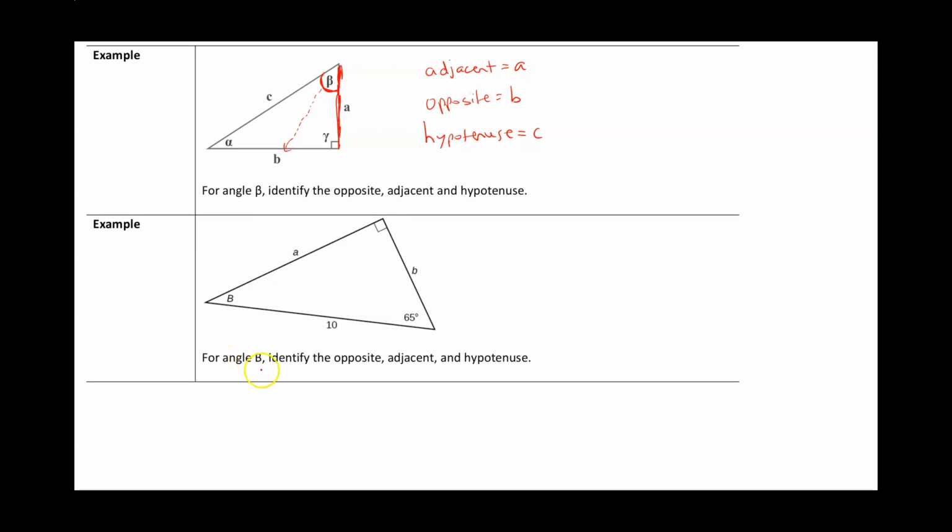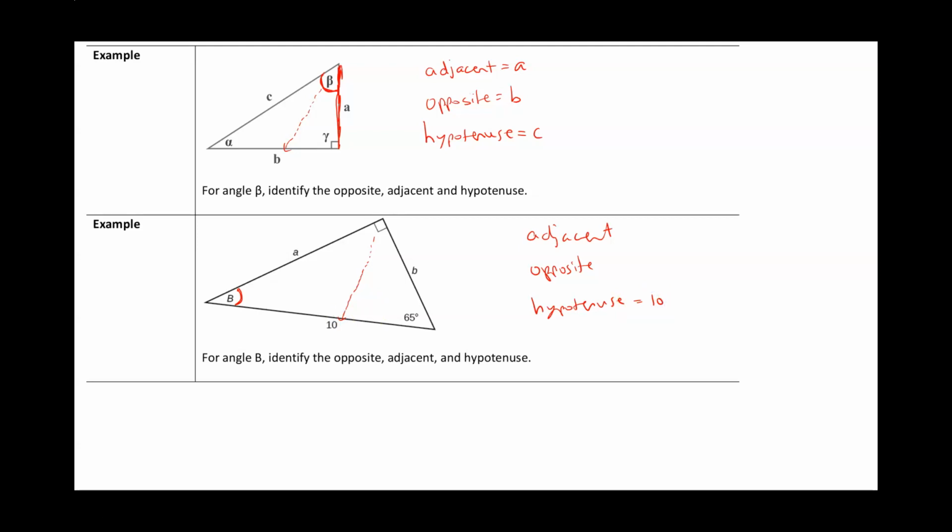Okay, the next one says for angle B. Now we're looking at it from the perspective of this angle. Identify the opposite, the adjacent, and the hypotenuse. I'm going to write this down as adjacent, opposite, hypotenuse. The hypotenuse might be the easiest because it's directly across from the right angle. The hypotenuse is going to be 10.